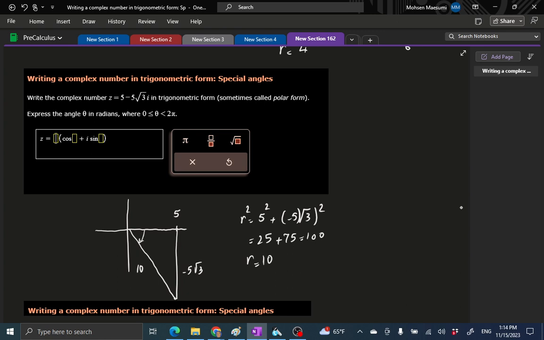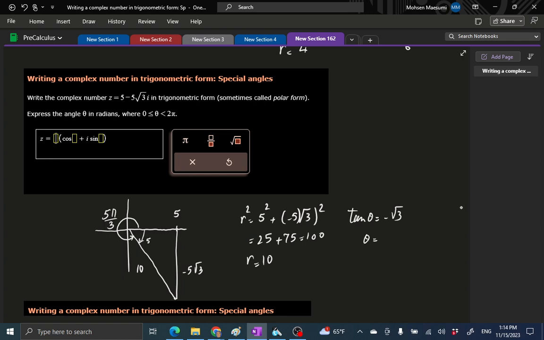How about this angle? Obviously, the reference angle is 60 degrees, that's pi over 3, and 2 pi minus pi over 3 is going this way. This is going to be 5 pi over 3, or look it up. So you can say tangent of theta again is minus radical 3.